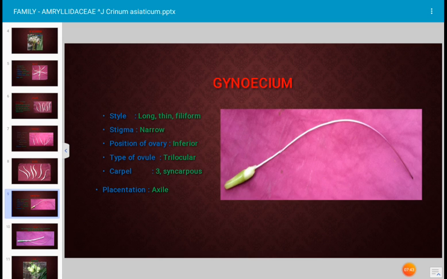If you take a section of the ovary, it is a trilocular ovary. There are 3 carpels, and the carpels are united, hence the syncarpous condition. And placentation is axile. What is placentation? Attachment of the ovules, that is axile placentation.